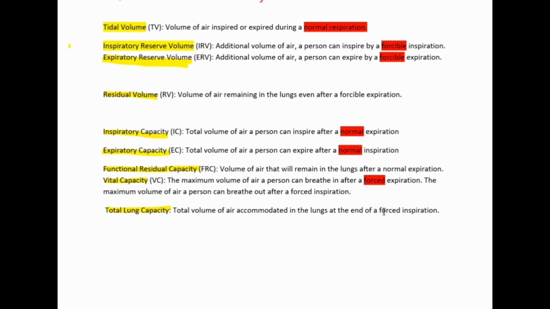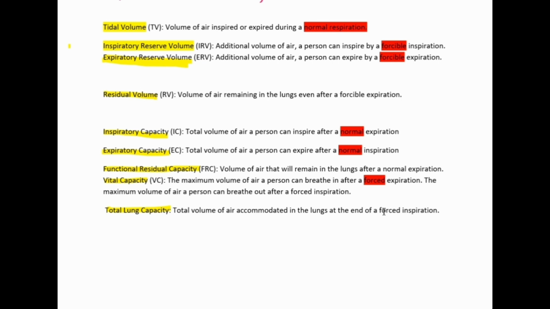So what is inspiratory capacity? Inspiratory capacity is the total volume of air that a person can inspire after normal expiration.